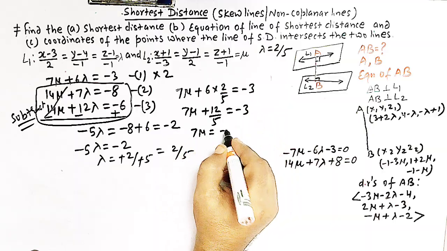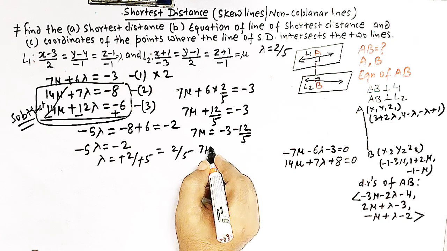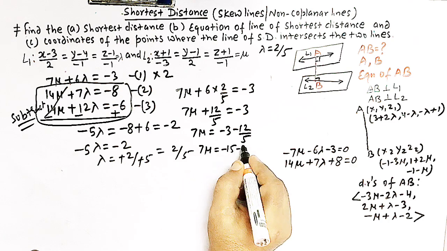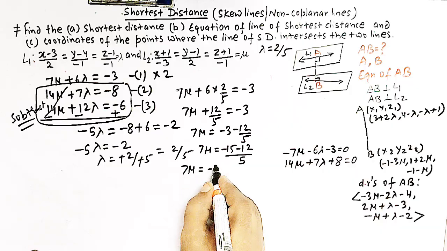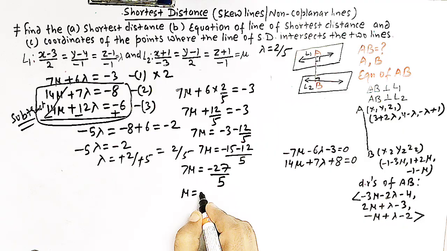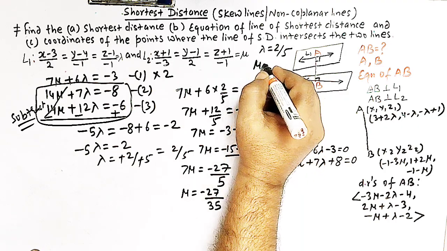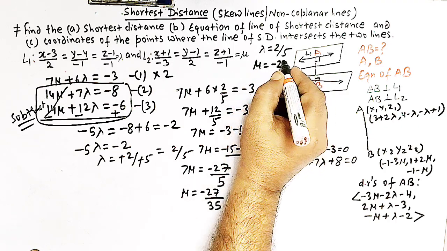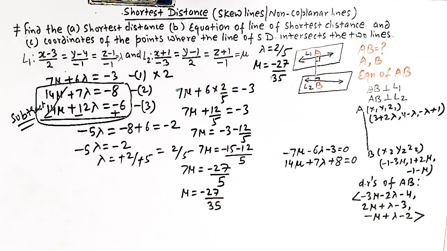So we can now write minus 3 minus 12 over 5, that is minus 15 minus 12 over 5, that is minus 27 over 5, and mu is minus 27 over 7 times 5, which is 35, right? So the value of mu is minus 27 over 35.